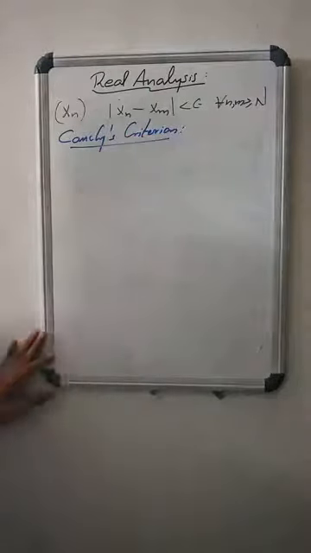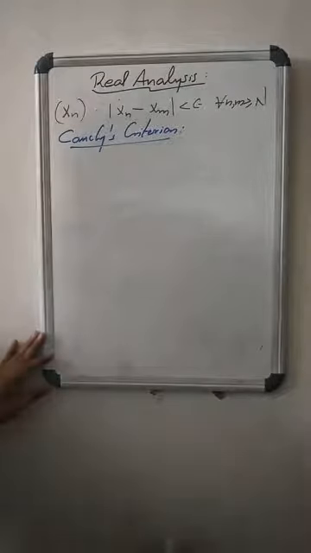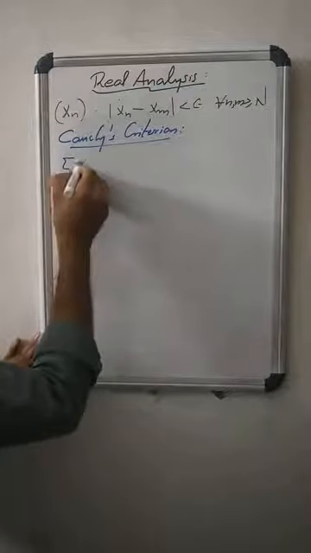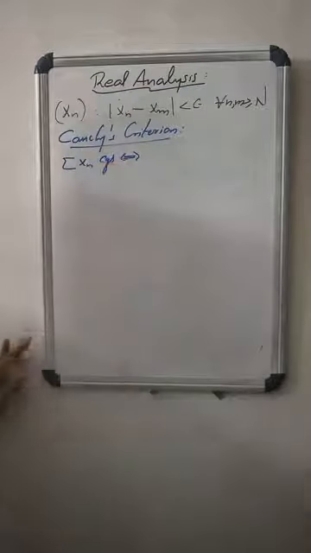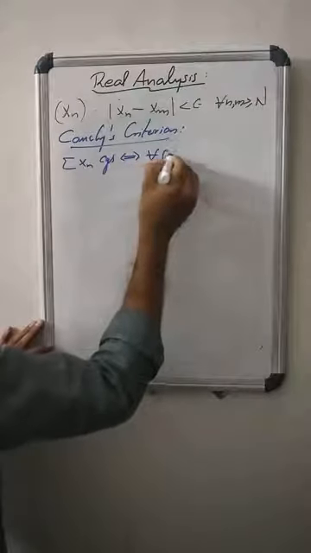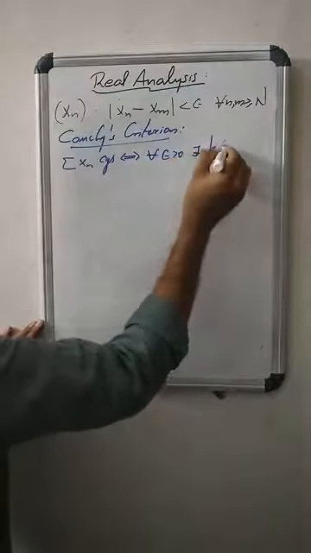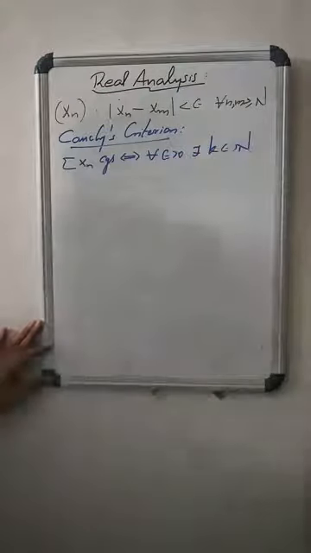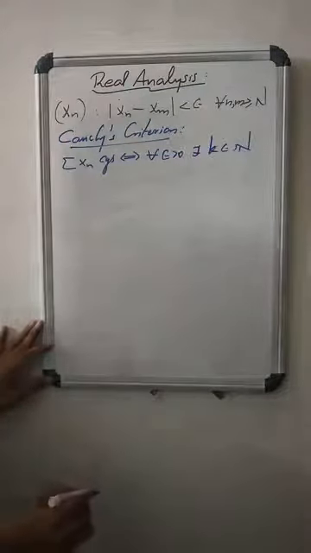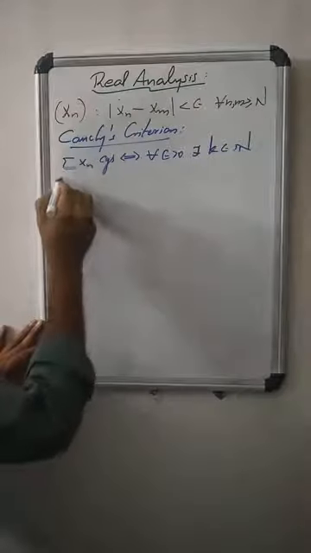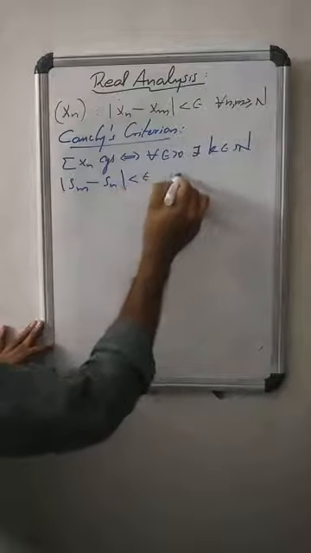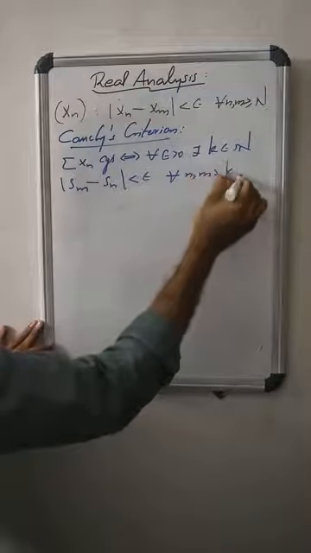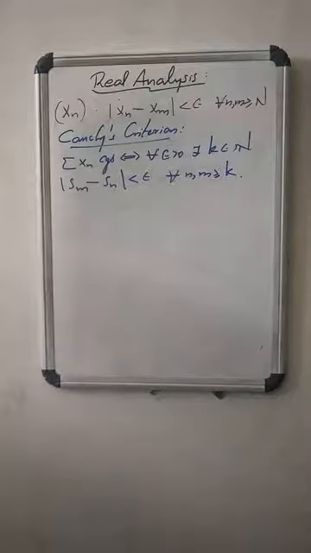That means the series sigma xn converges if and only if for all epsilon positive there exists a natural number k such that modulus of Sm minus Sn is strictly less than epsilon for all n, m greater than or equal to k, with m greater than n.